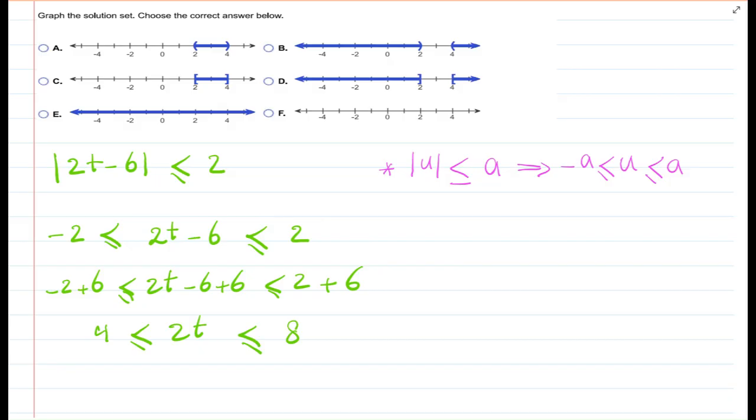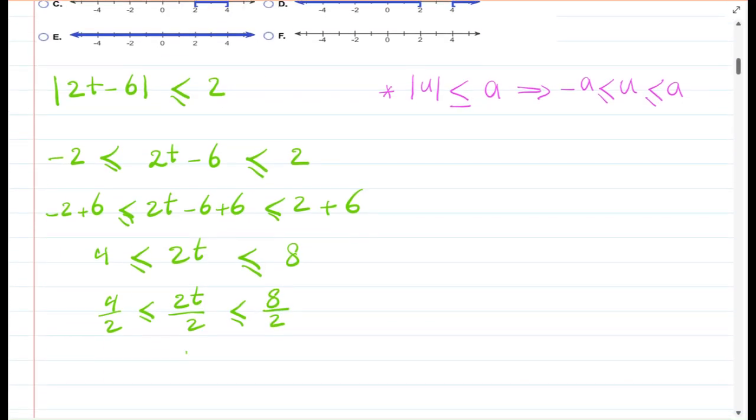The next step is to divide all sides by the coefficient of t, which is 2. If we divide all sides by 2, then the inequality becomes 2t over 2 is between 4 over 2 and 8 over 2. So t is between positive 2 and positive 4.